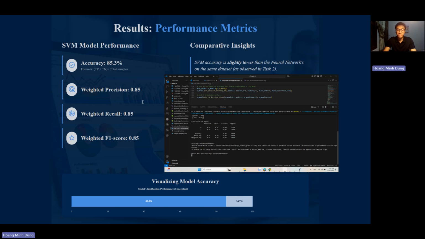Furthermore, the weighted precision, weighted recall, and weighted F1 score were all consistent at 0.85. It's quite small to look at clearly in the slide. You can see it in the PDF file I submitted on LMS.